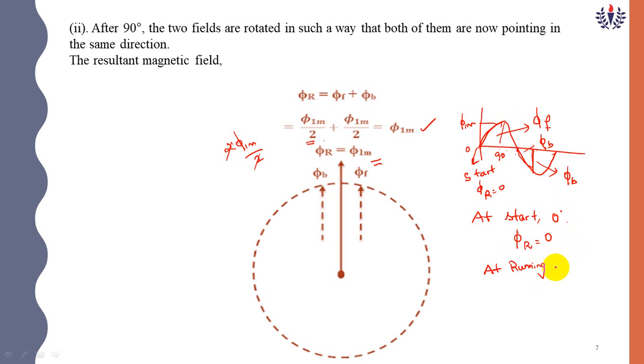So the rotor is running, right? Due to that, at 90 degree, phi r equals phi 1m. Here 1 stands for single phase, and m stands for magnitude.